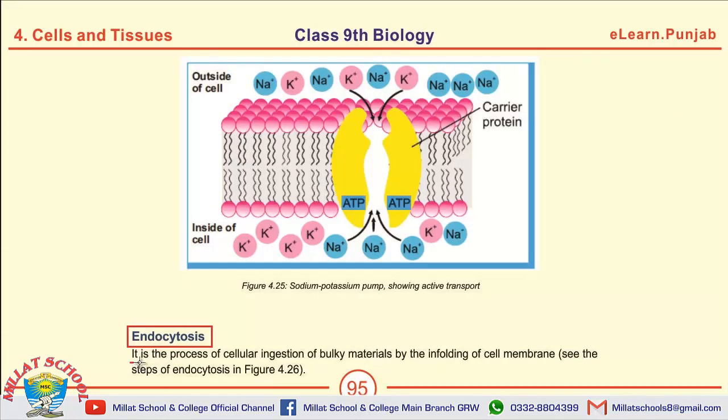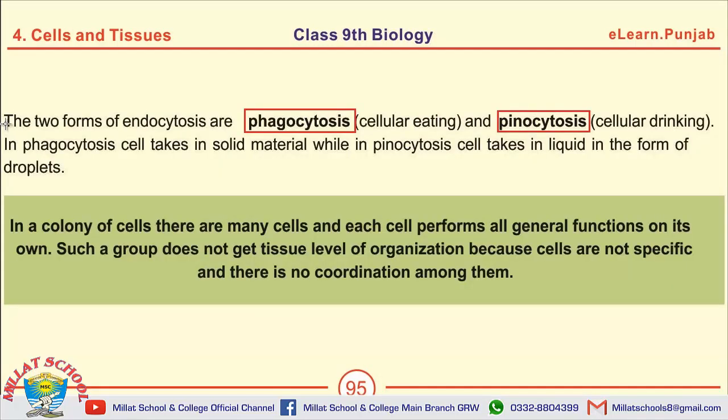The next topic is about endocytosis. The process of cellular ingestion of bulky materials by enfolding of cell membrane is called endocytosis. Now there are two definitions which may be asked as short questions. The first one is phagocytosis and the other is pinocytosis. Also these both can be asked as differentiate between phagocytosis and pinocytosis.